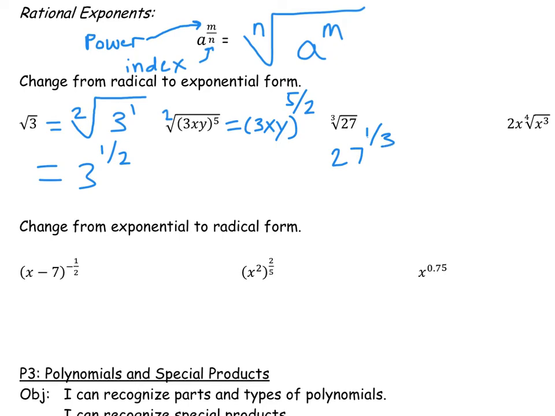Okay, now if you wanted to simplify that one more, you could. Cube root of 27 is 3. Right? It said to just switch it to exponential form, so you could certainly stop at 27 to the 1/3 power.